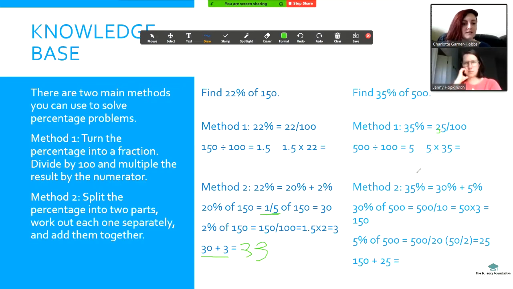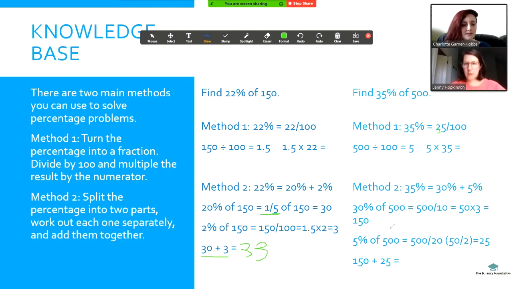So for instance, I've said 35% is the same thing as doing 30% plus 5%. So 30% of 500 is nice and easy to find because I just do 500 divided by 10, which gives 50, and then I can multiply that by 3 to get 150.